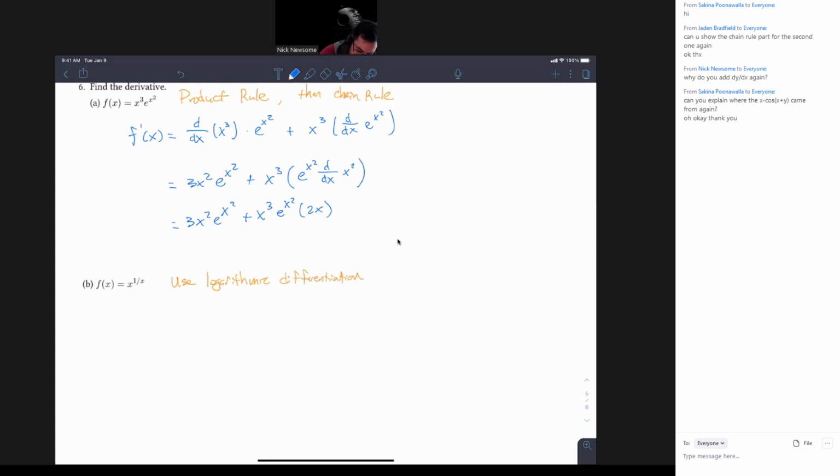All right, and that logarithmic differentiation says to take natural log on both sides, then take a derivative.